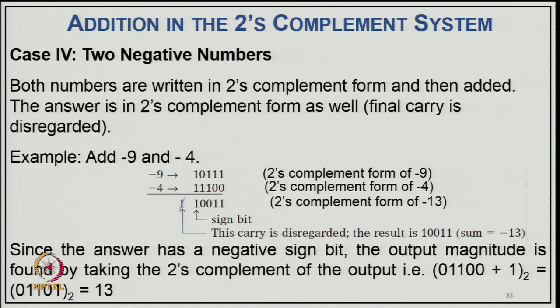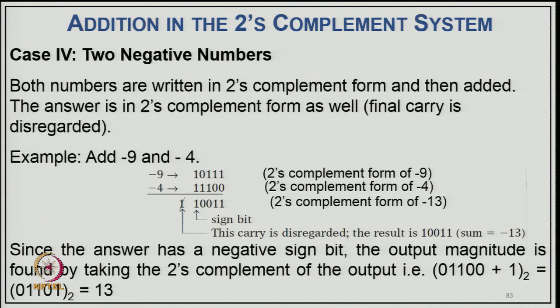Now, two negative numbers. Let's take case 4, where both are negative numbers and we want to add them. Both numbers are written in two's complement form and then added, the answer is in two's complement form as well, and the final carry is discarded. So, here we have minus 9 and minus 4.